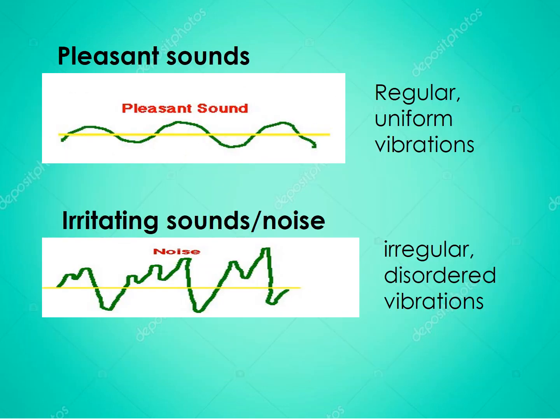Let us look at the vibration of the pleasant sounds and the irritating sounds. Look at the first picture. It shows us the vibration of a pleasant sound. As you can see, it is regular and it is uniform. Okay, that's why when you listen to it, it's very pleasing.